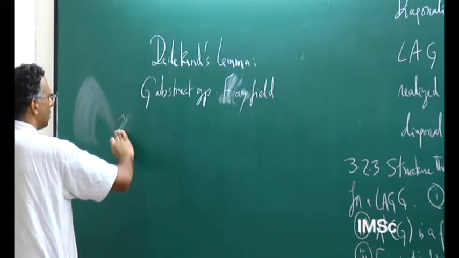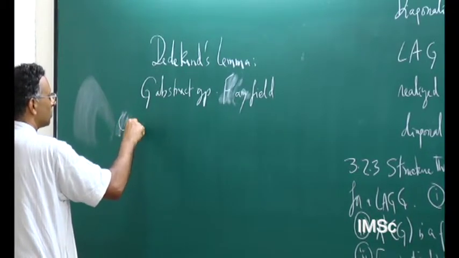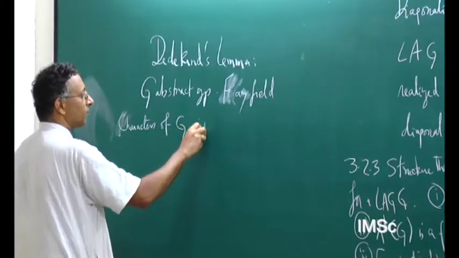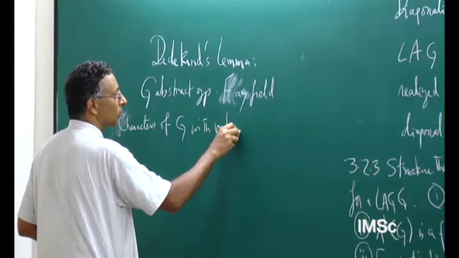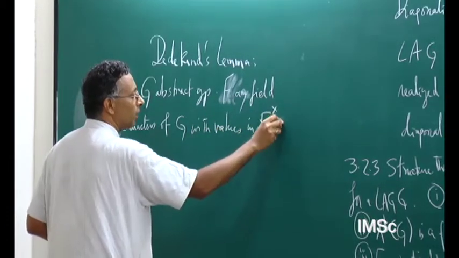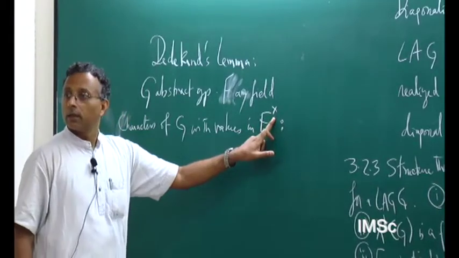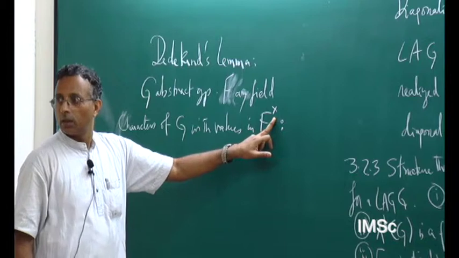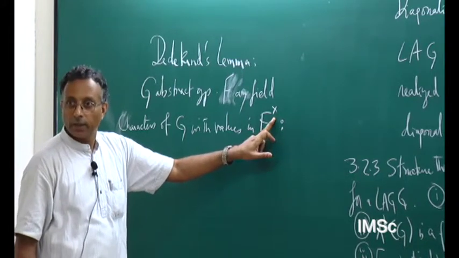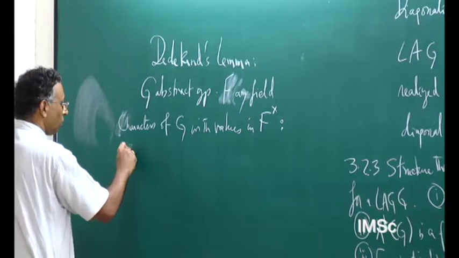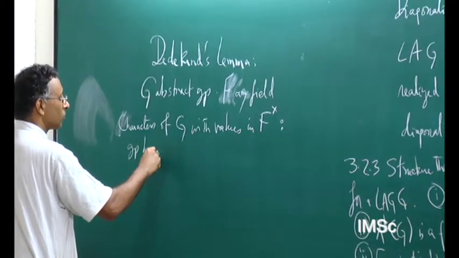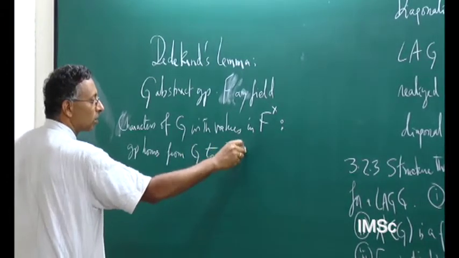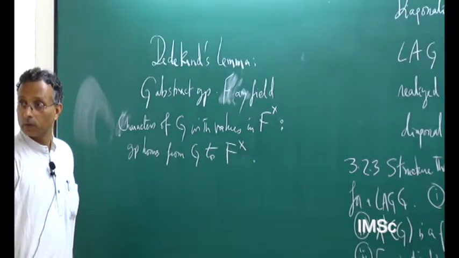The characters of G with values in F, this means the non-zero elements of F, which form an abelian group under multiplication, is just group homomorphisms from G to F star.